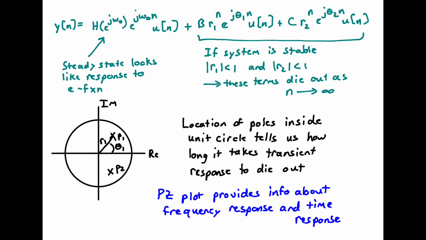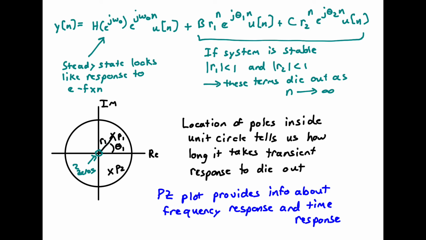So if the pole were here versus out here, it's going to take a shorter time to die out here and a longer time to die out here. So the location of those poles, their radius inside the unit circle, tells us how long it takes this transient response to die out. Now, strictly speaking, I should draw the zeros on there. There are 2 zeros at 0 for this particular system.